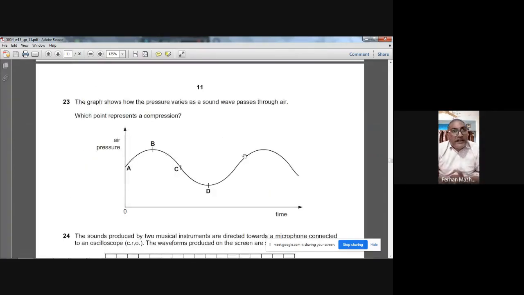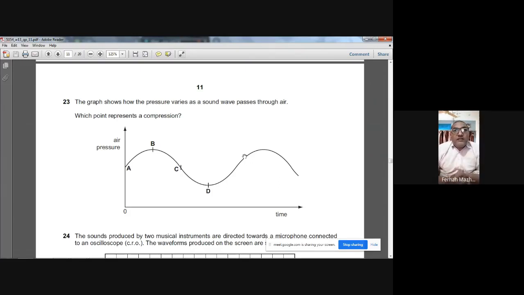Question number 23. The graph shows how the pressure varies as the sound wave passes through air. Which point represents compression? Remember this thing. This is not a diagram of a wave. This is not a photograph of a wave. It's a pressure and time graph.